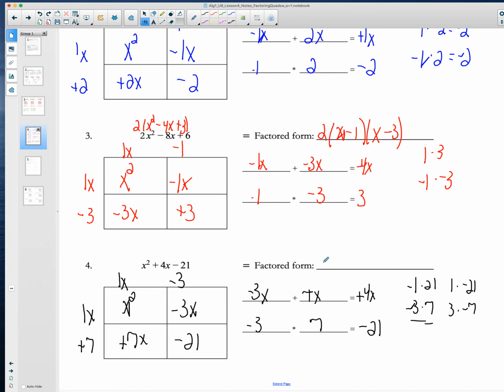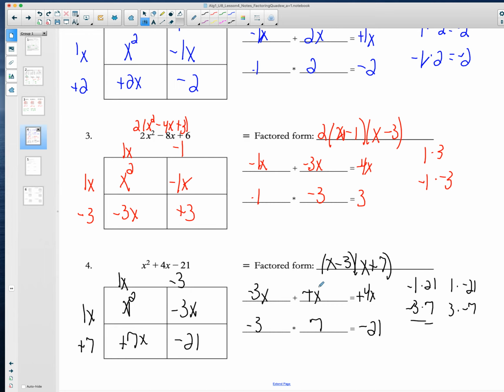So my factored form would be x minus 3 and then x plus 7.